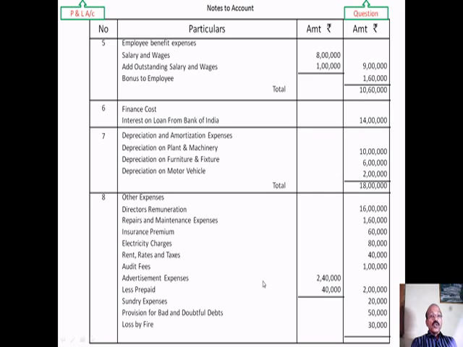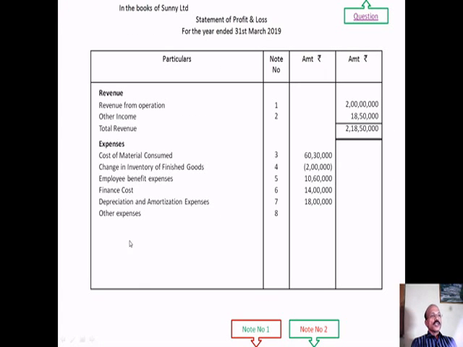In this manner, total other expenditure is 23 lakh 40,000, which will be charged to other expenses, 23 lakh 40,000. With this, we have totaled these expenses to the outer column.